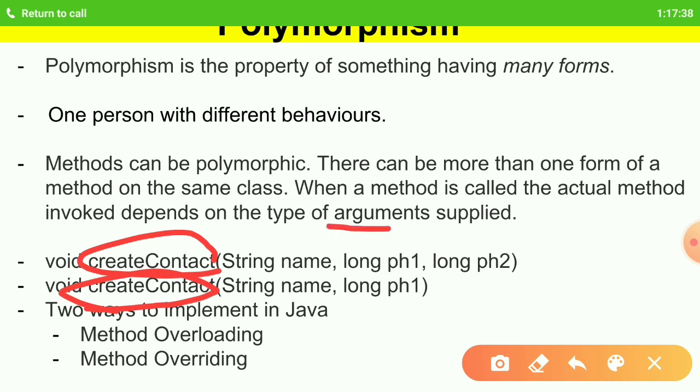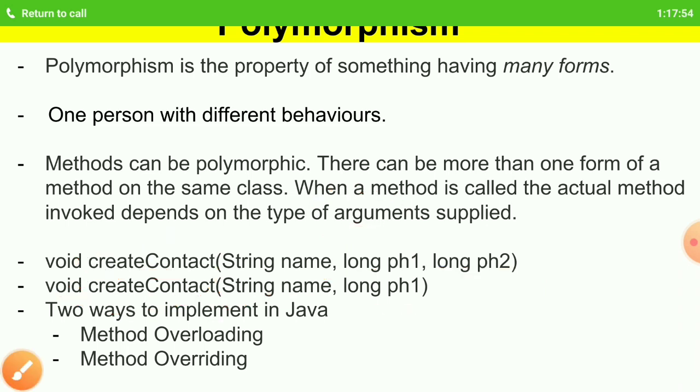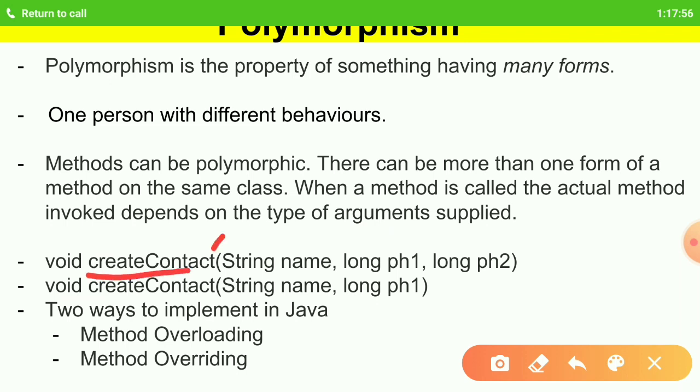And the term here, arguments: inside the brackets you can see I've written string name, long phone1, long phone2, and here I've written string name and long phone1. These are known as arguments or parameters, whatever comes inside the brackets after the function name. So although the function name is the same, the number of parameters is different.